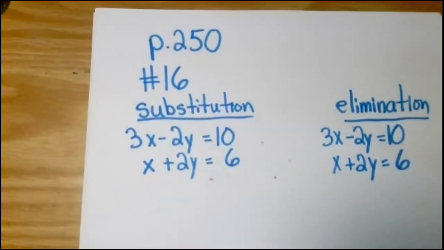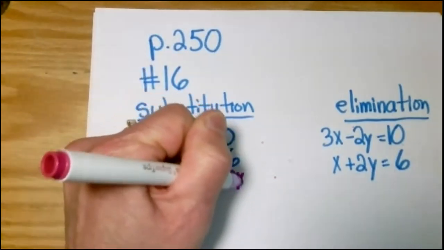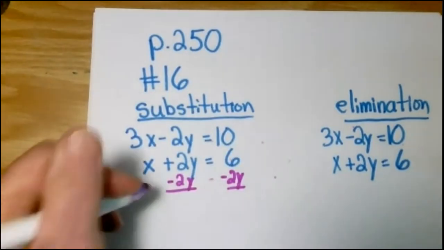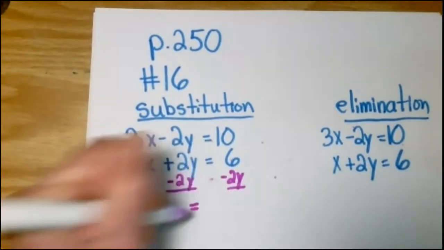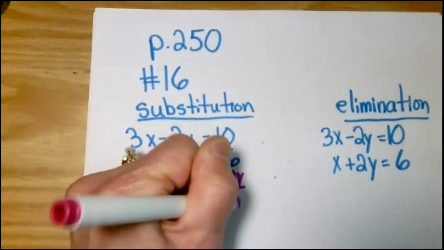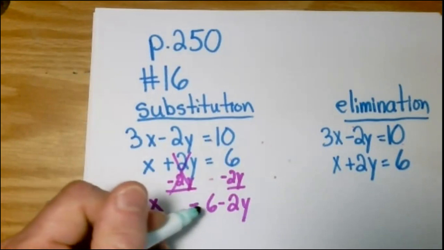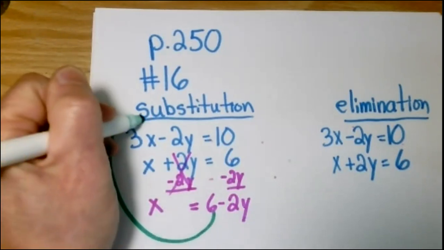I'm going to rewrite that as, minus 2y to both sides. That would give us x equals, because these are going to cross off, 6 minus 2y.